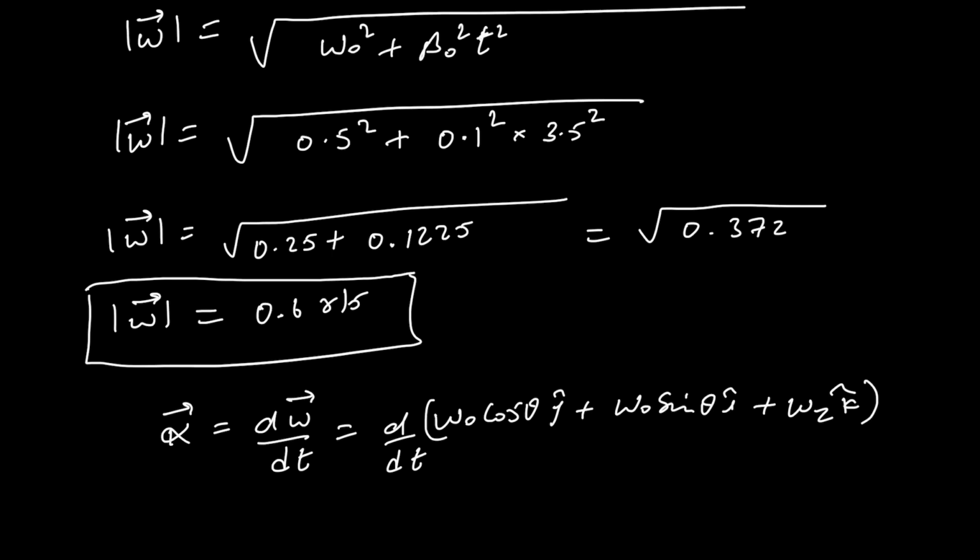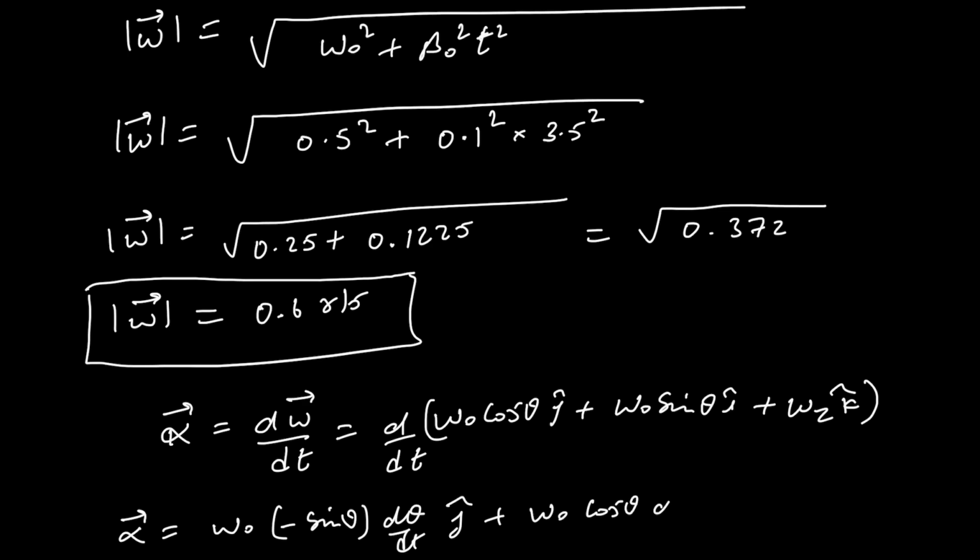So when we differentiate it, here omega naught is constant, so we take omega naught outside. Differentiation of cos theta will be minus sin theta, and we will get d theta by dt as well, and j cap. Omega naught is constant, differentiation of sin theta is cos theta, and d theta by dt i cap, and differentiation of omega z.